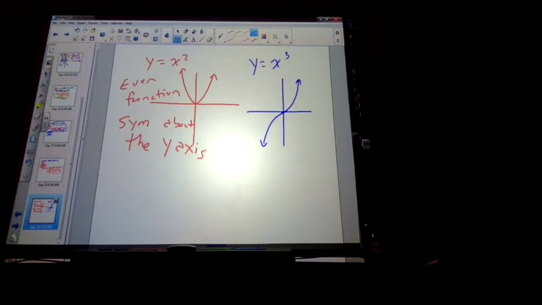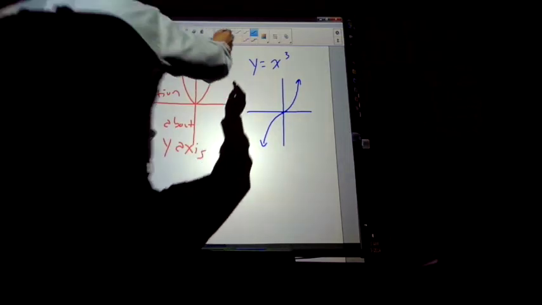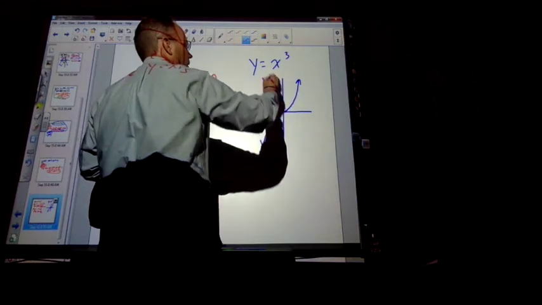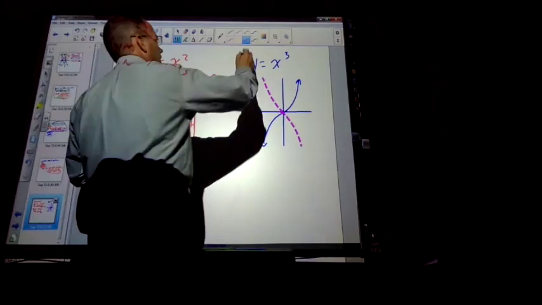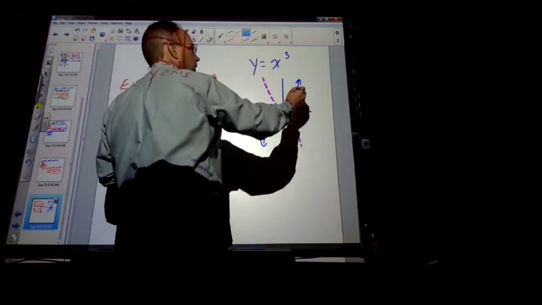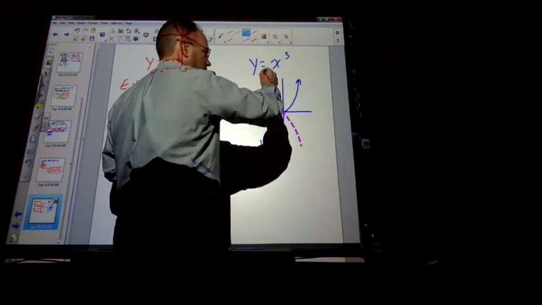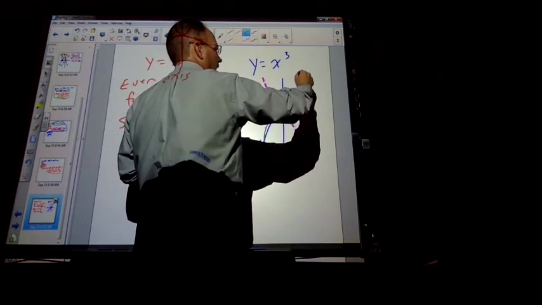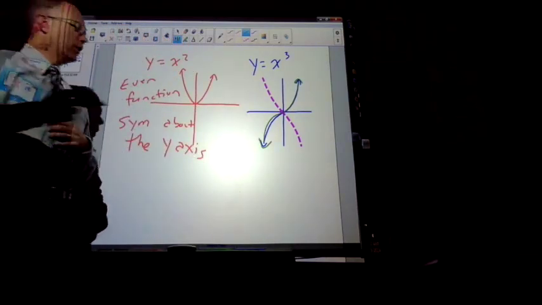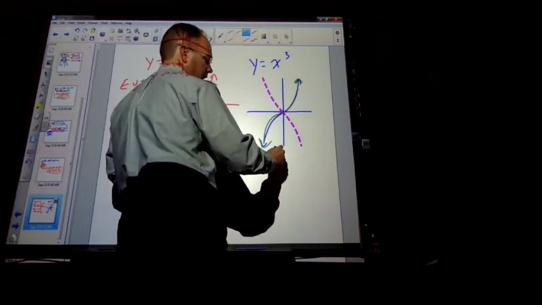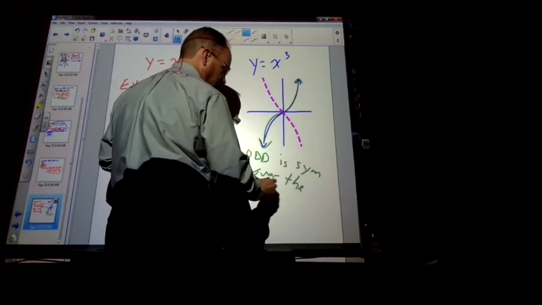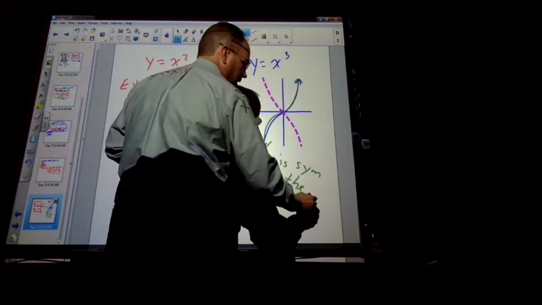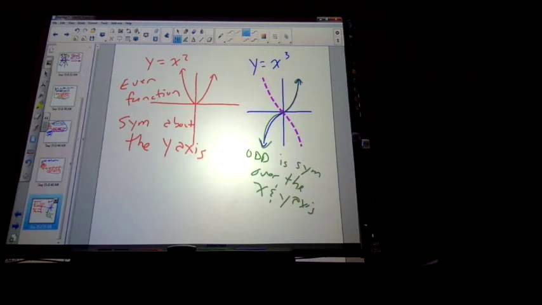What would happen if I folded it over the y and then folded it over the x? If I fold this back over the y, this is what it looks like. If I fold that then over the x-axis, this is going to come down and give me that. So an odd function is symmetric over the x and y axis combined, as far as the picture goes.